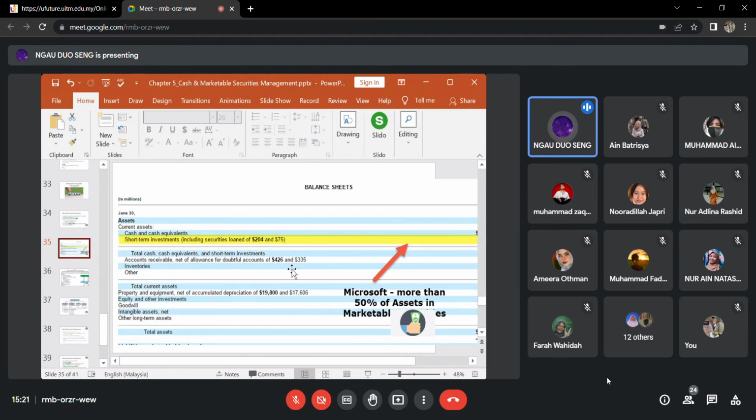All right, so you can see this balance sheet I take from Microsoft. You can see the short-term investment, including security, under current asset. So this one is referring to the marketable security. Companies normally have this.